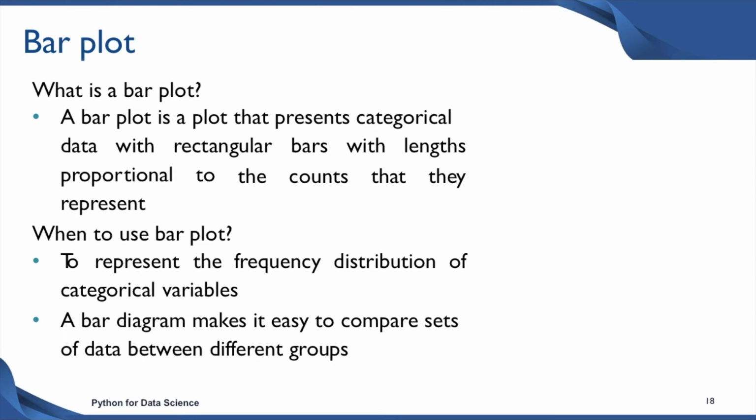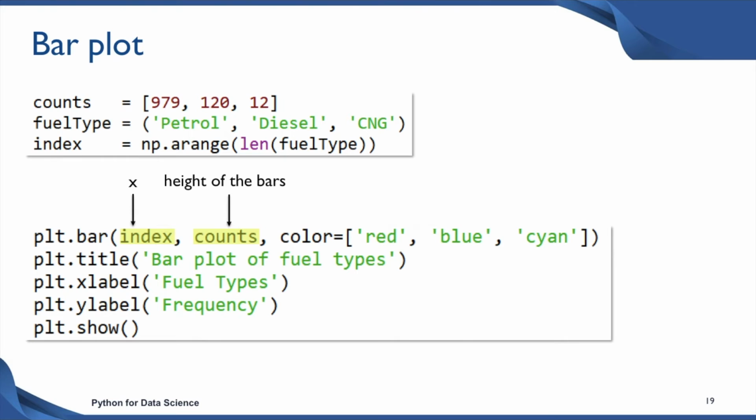It makes it easy to compare sets of data between different groups. If we wanted to categorize male and female, how many females and how many males, we could represent that using a bar plot.